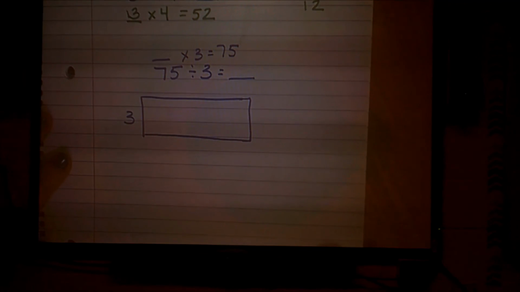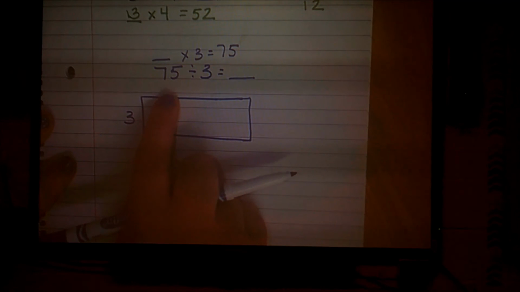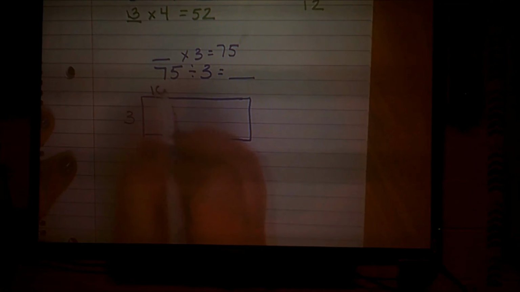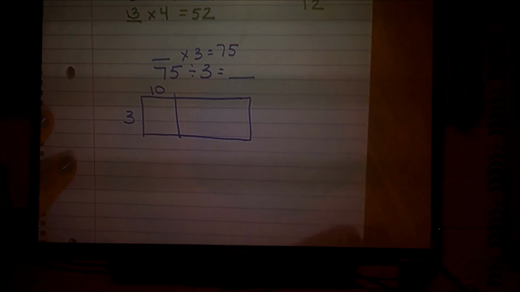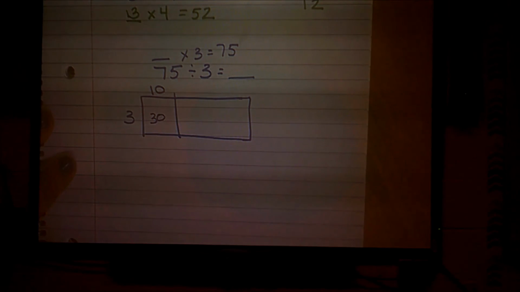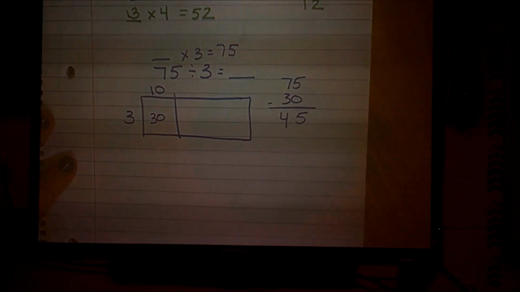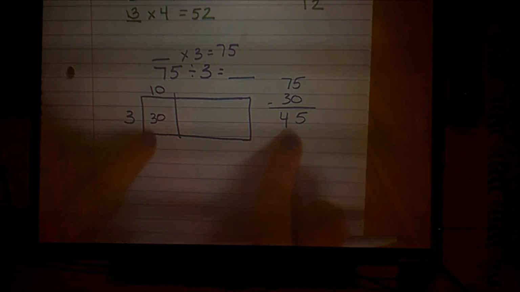So I'm going to think in my head, 3 times what number is going to give me close to 75? I know 3 times 10. What's 3 times 10? 30. Box method tells me to put it there. Figure out what my leftovers are. Oh, but I could take another 30 out of that.